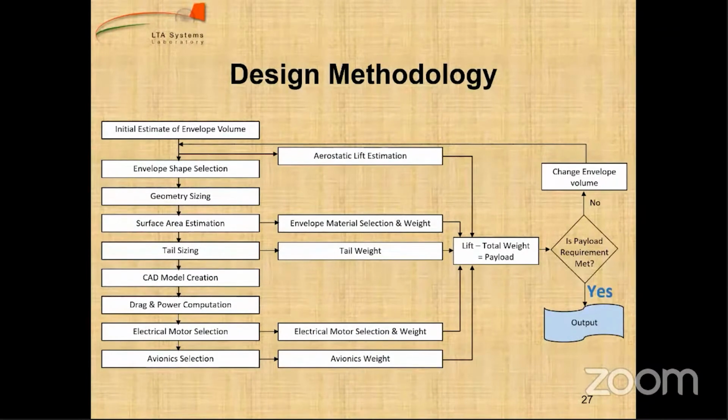When you create your geometry on OpenVSP, you can easily estimate your CD naught value by providing some operating parameters, like surrounding parameters. Then after providing it, you can get the CD naught value. By using that CD naught value, you can easily calculate your drag.